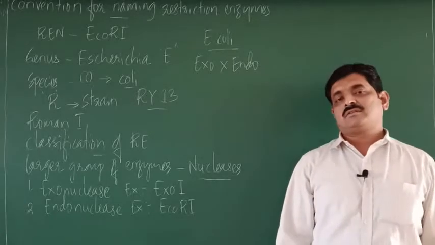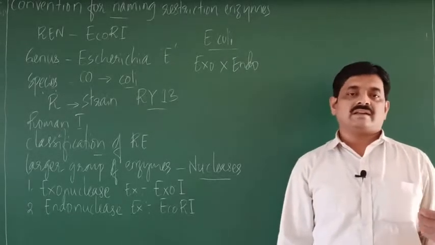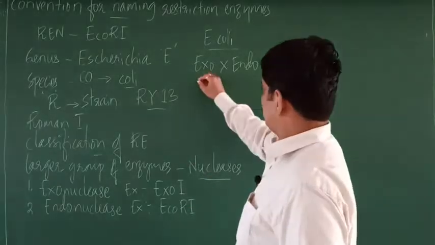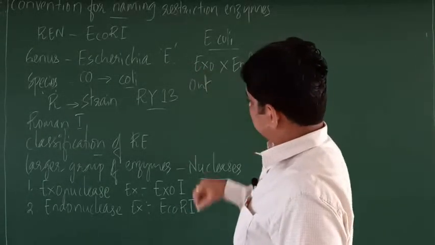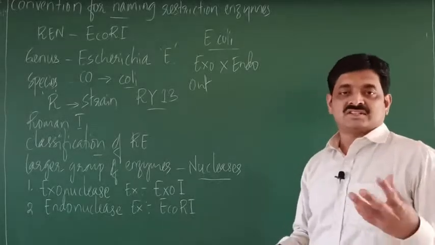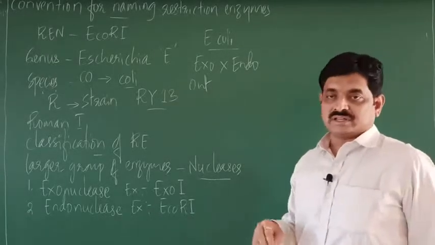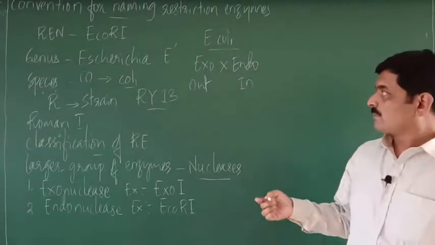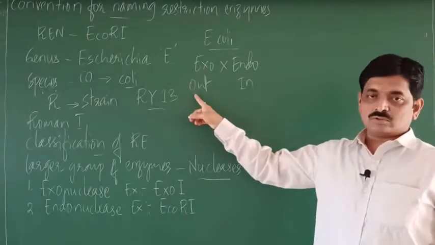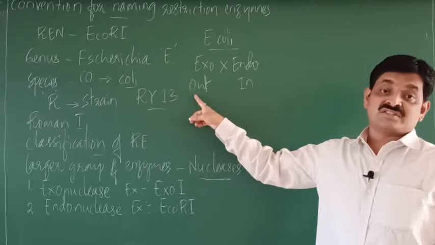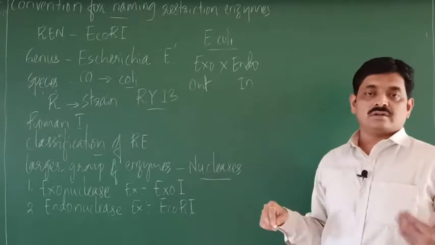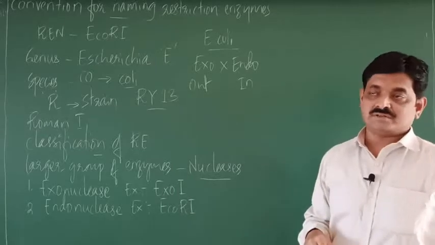Just like out and in, right? Here exo indicates out, that is external. Endo indicates in, that is internal. So exo means out or exterior. Endo means in or interior, right?